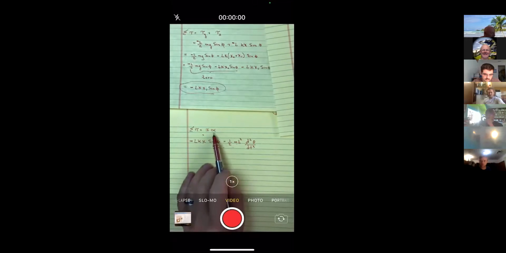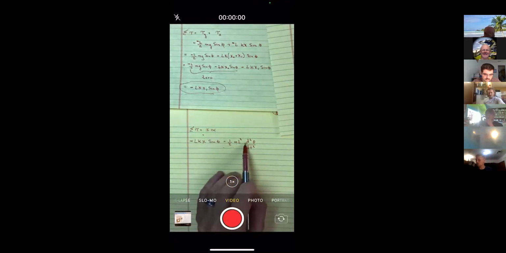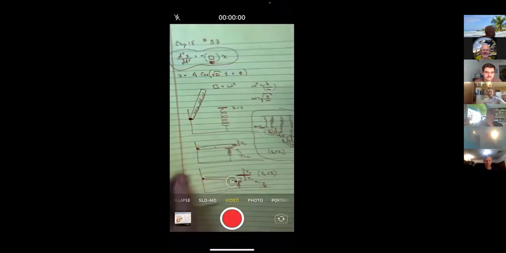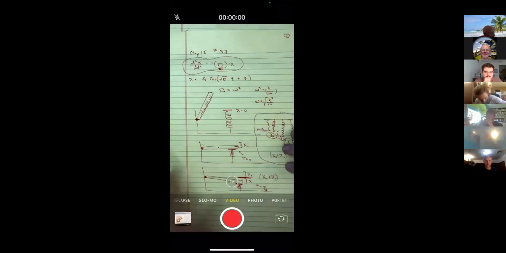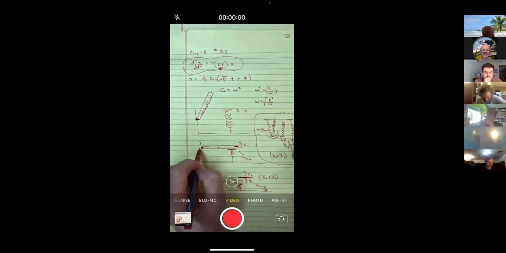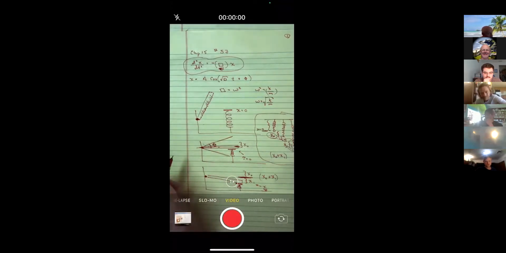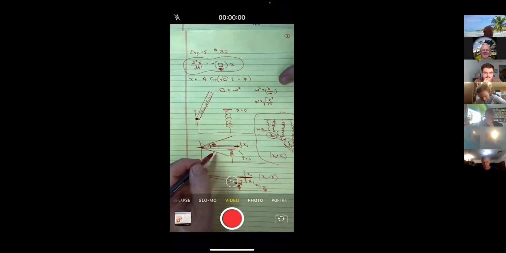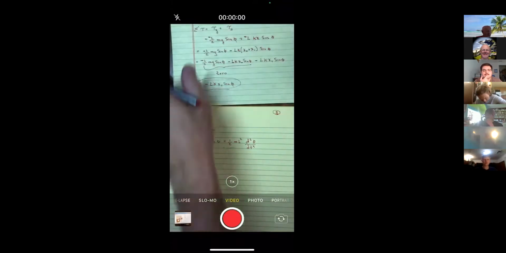Now, the alpha is the second derivative of the angle. And this is where I want to be real careful. The angle, this is where it pivots. And so it can go up and it can go down, but this is the angle theta. So theta is measured how it pivots. Do not confuse that with the phi.